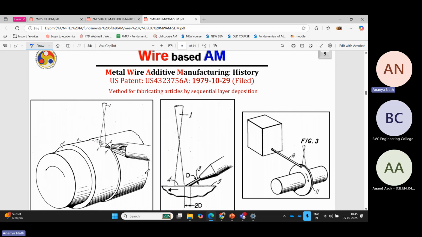Using the concept of cladding, people invented DED, directed energy deposition, with powders. By doing hundreds of layers of cladding, you can get a part. Using wire also, you can do the cladding, and that's what is shown here.